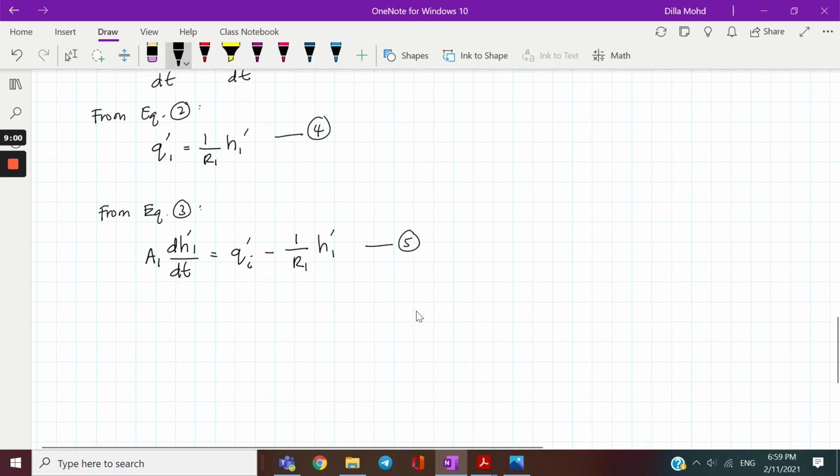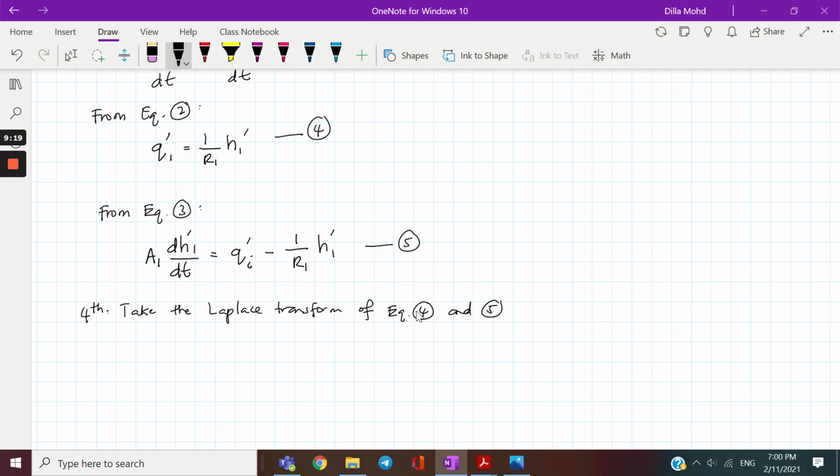The next thing you need to do is take the Laplace transform of both equations. You can do this quickly for equations 4 and 5.